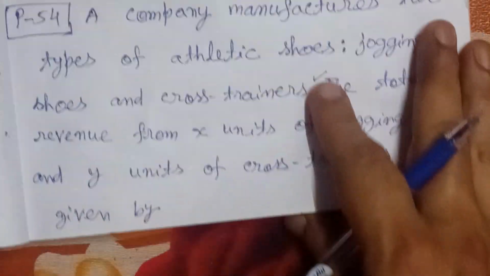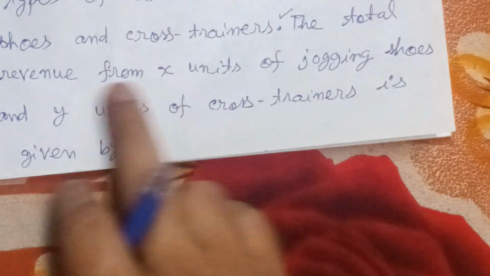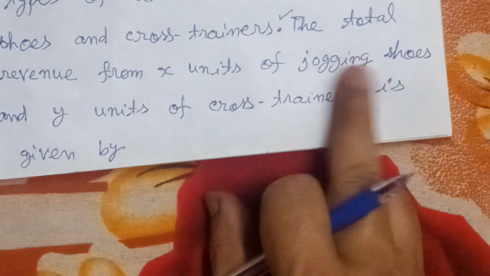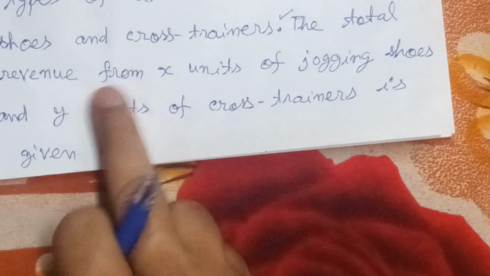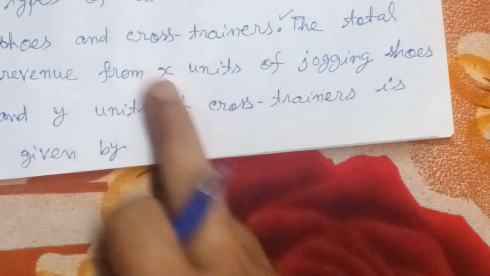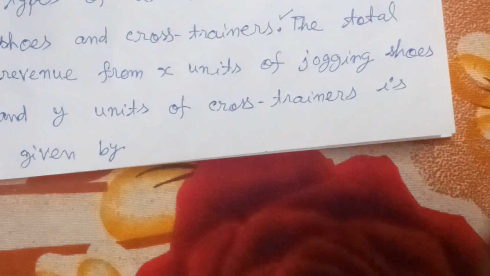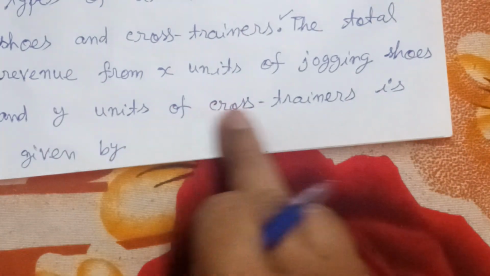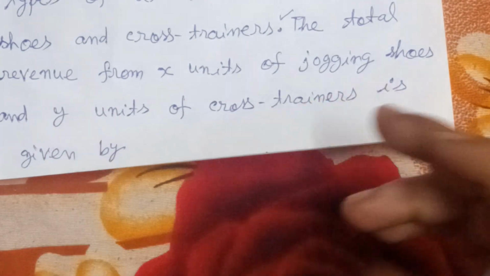The number of jogging shoes is x units, given in thousands, and the number of cross-trainers is y thousand.